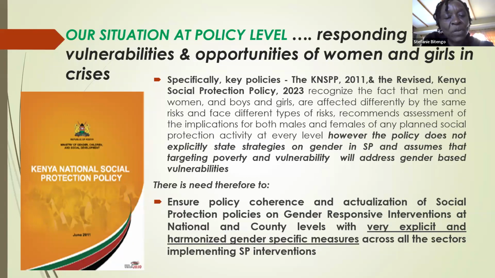So our policy, and we are looking at the Kenya National Social Protection Policy 2011, it does actually look at gender mainstreaming as one of those principles that we ourselves need to follow as social protection. But also when we look at the revised policy, again, it reinforces the same thing about gender mainstreaming. But one of those things that you will note is that it does not explicitly state strategies on gender for social protection.